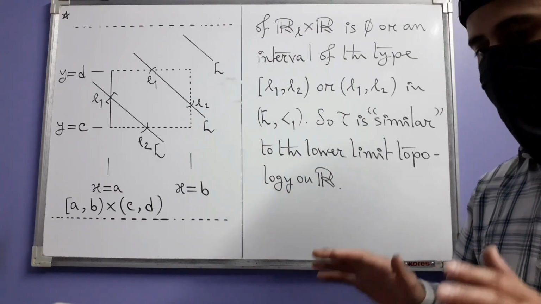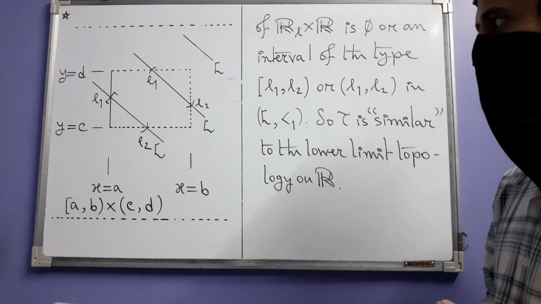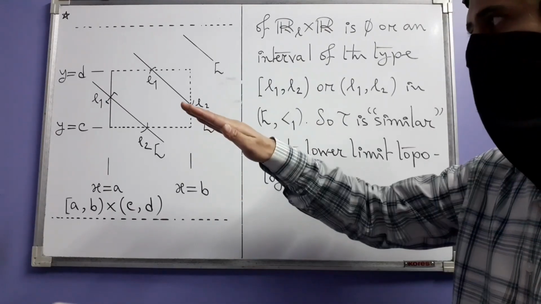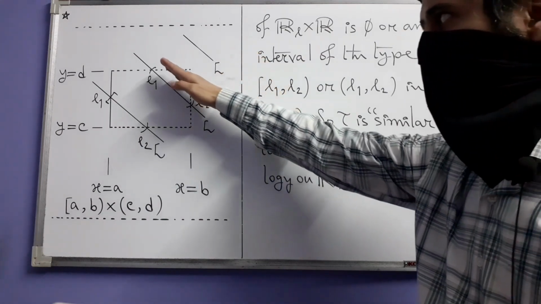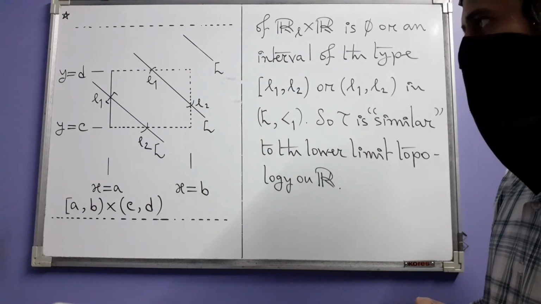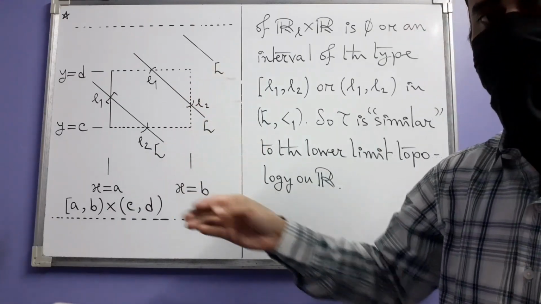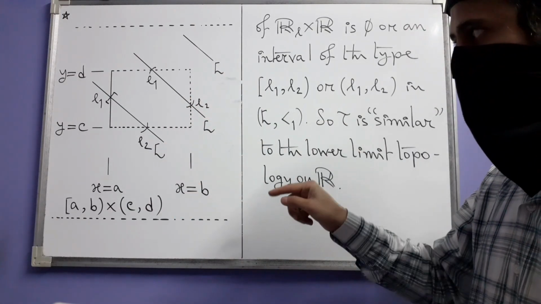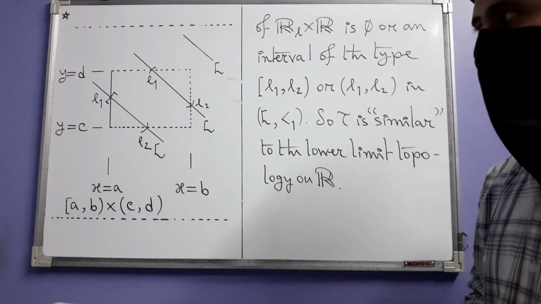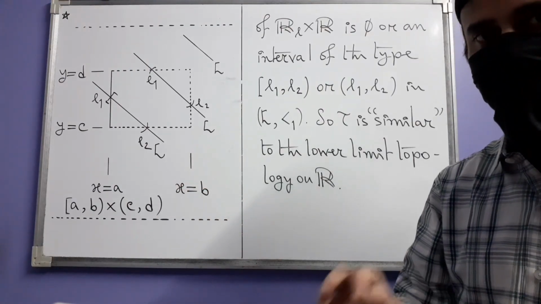But because we still don't really know about homeomorphisms, right now we just take this somewhat vague view that because this L looks like just R, our ordinary real line, only tilted like this, and in such a way that this is, say, the positive direction of the x-axis when you think of R as the x-axis, the topology that you are getting here as the subspace topology, whose basis elements are just the basis elements that we have for the lower limit topology on R, is exactly like the lower limit topology on R. The technical statement would be that L is homeomorphic to the space R_L, that is R with the lower limit topology.